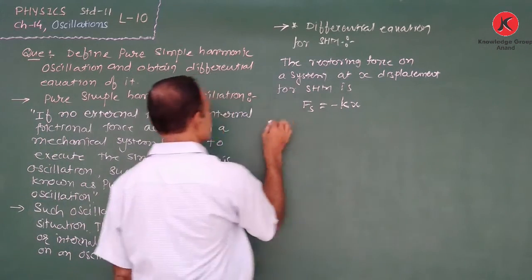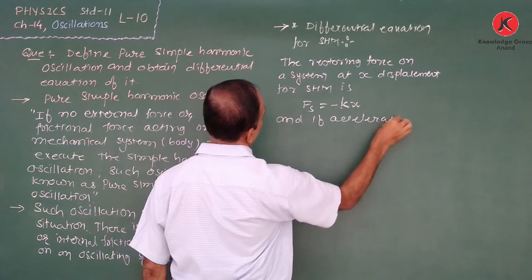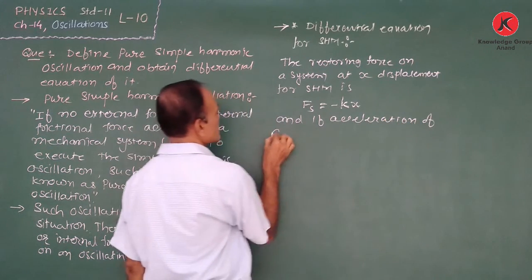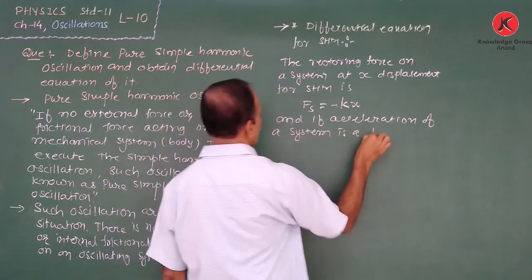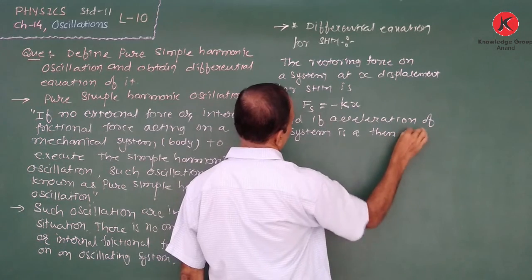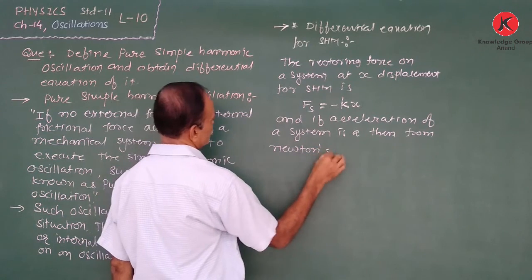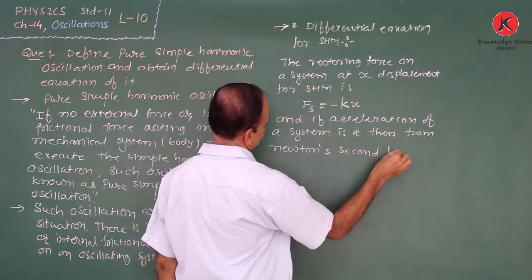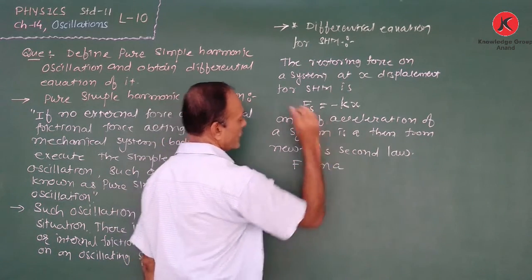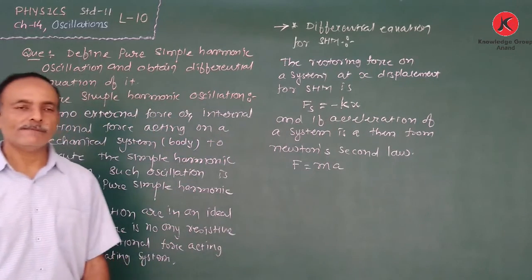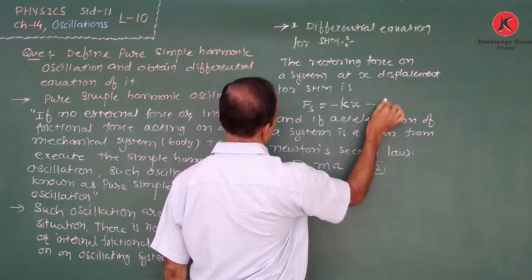Right? And if the acceleration of the system is a, then from Newton's second law, F is equal to ma. Equation number 2.